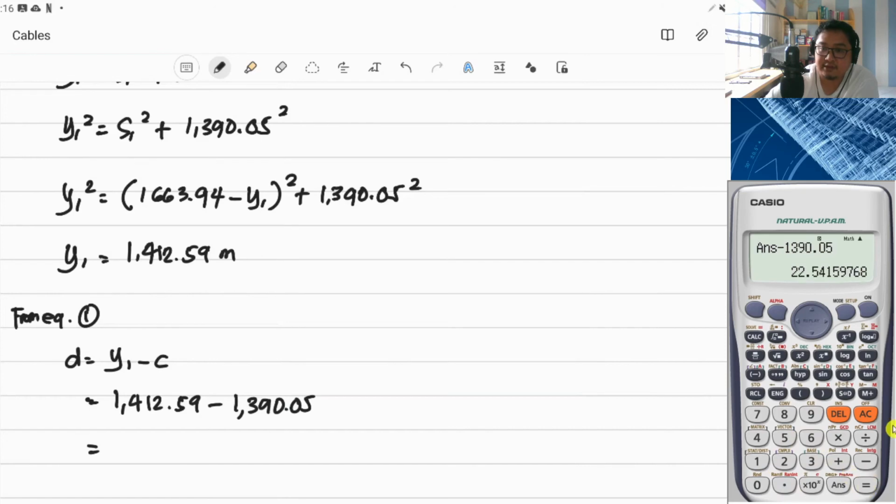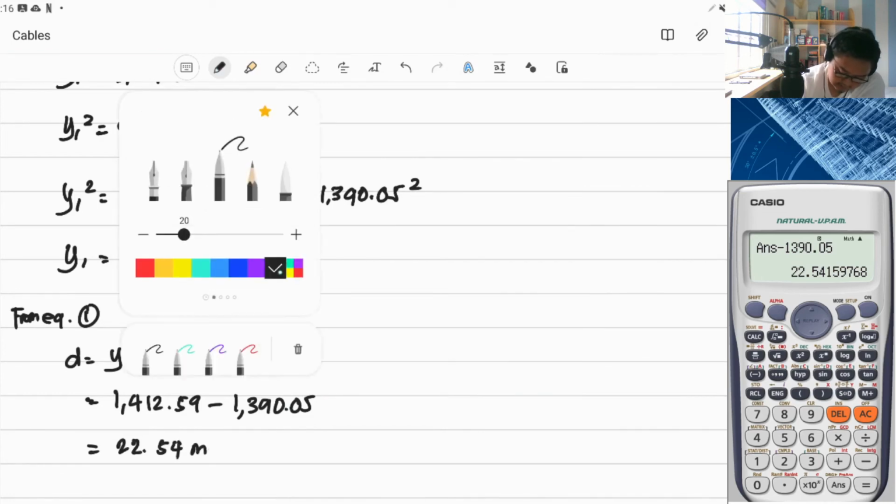So the sag is 22.54 meters. This is the answer.